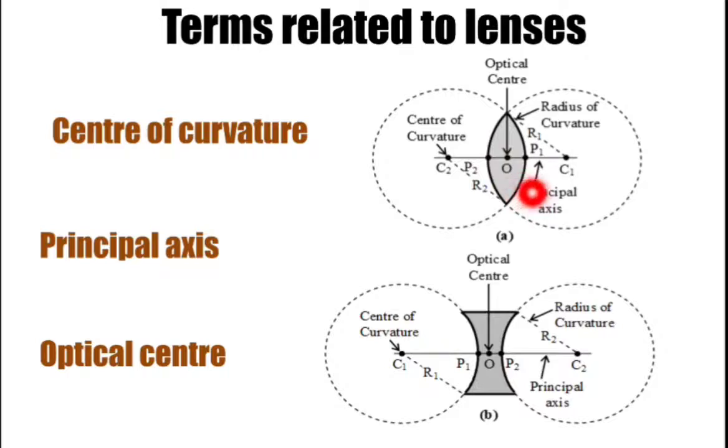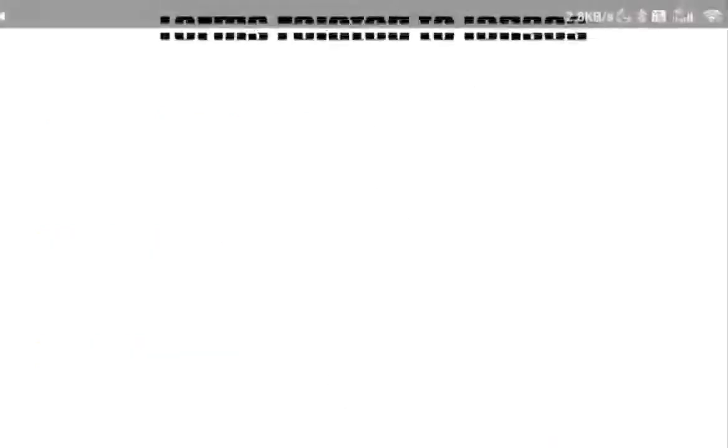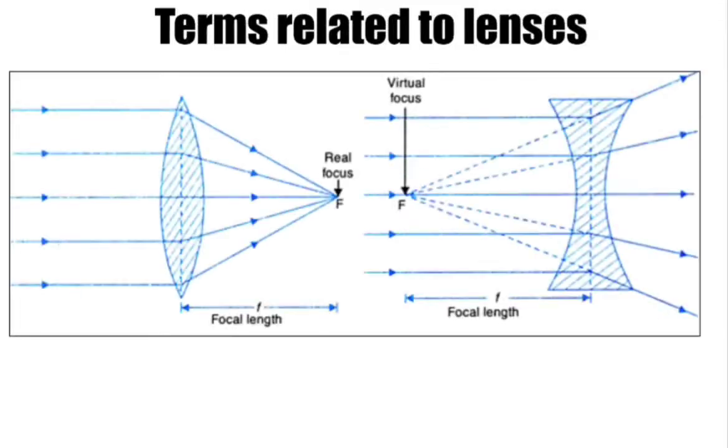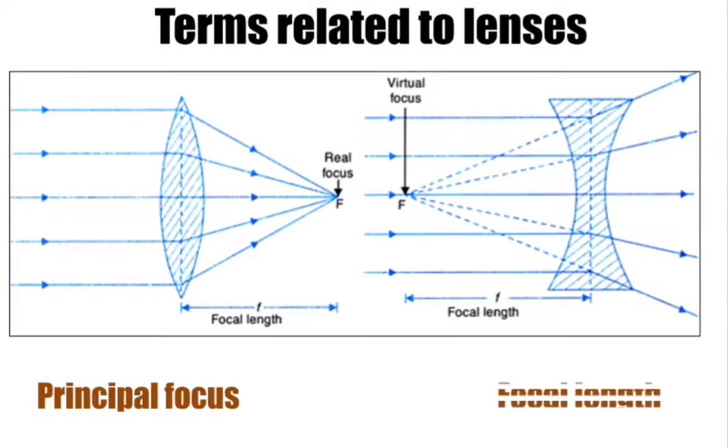So that is the optical center where deflection is minimum, almost negligible. Remember, the optical center is a point on the principal axis where deflection or deviation of the light is minimum or almost negligible.